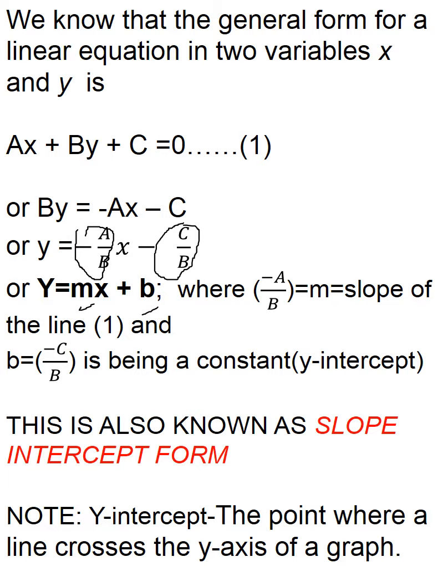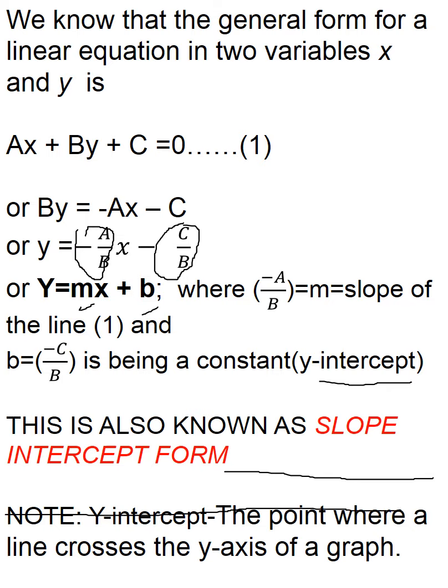Similarly, this -c/b, since c and b are real numbers, their ratio is also a real number, and we are considering -c/b as small b, so we can write the equation y = mx + b. This b is a constant, also known as the y-intercept.